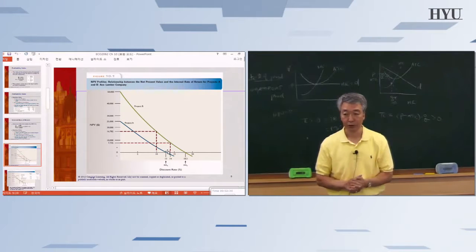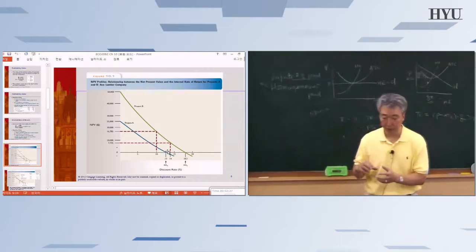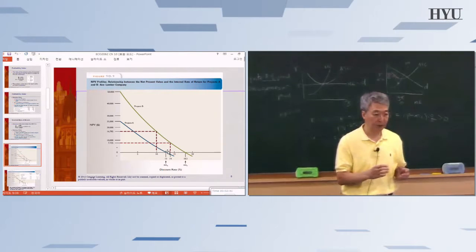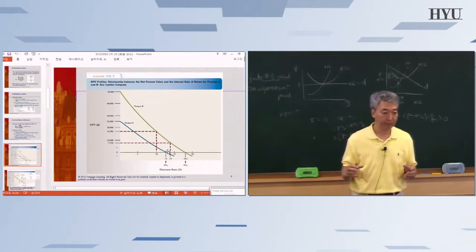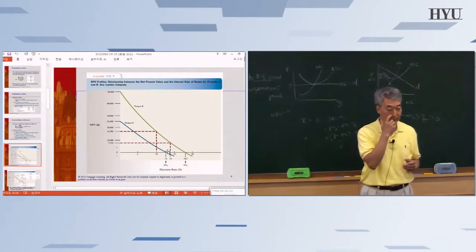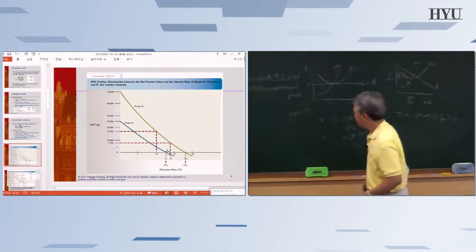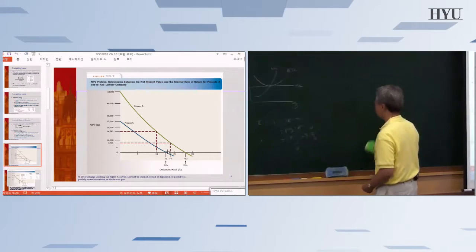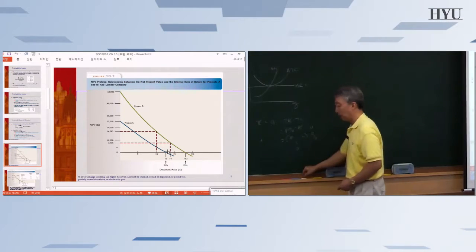In other words, the present value of your future cash stream and the current investment become equal, right? Your net present value is 0. Last semester, you should have learned about bonds.